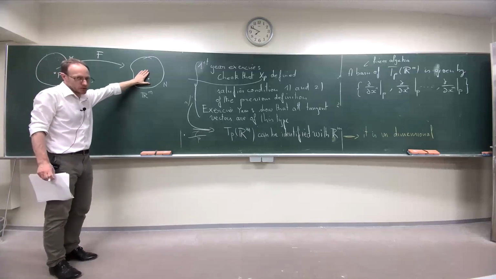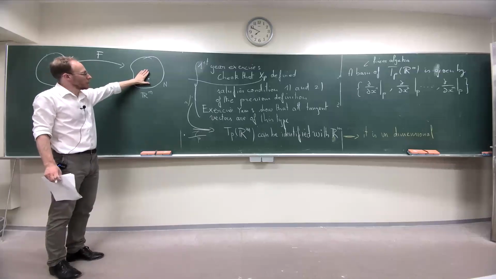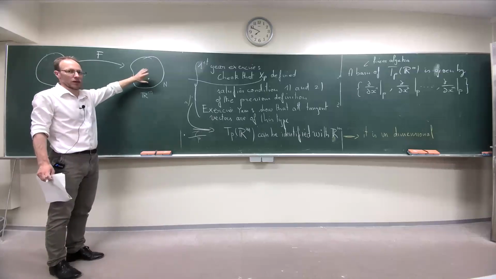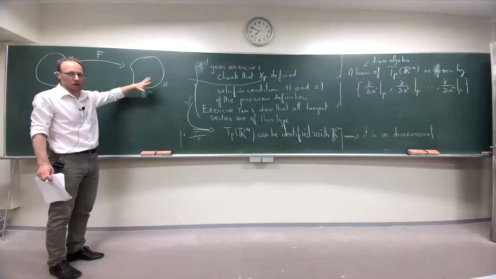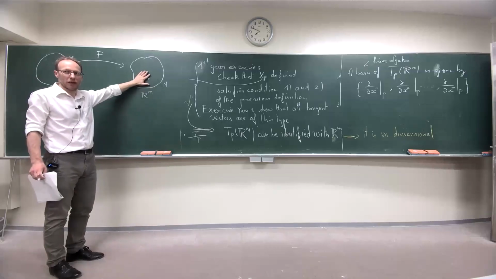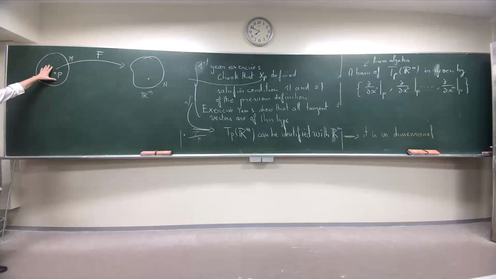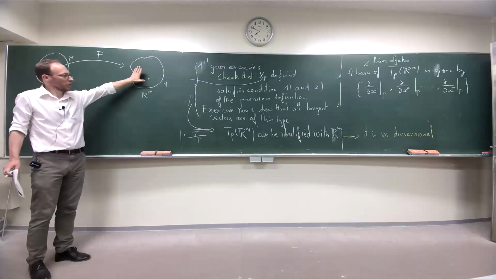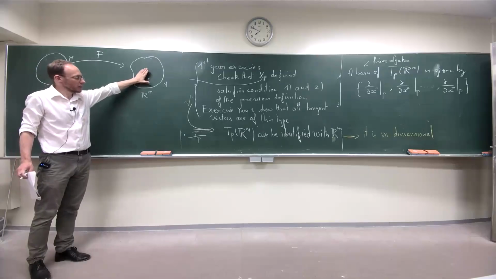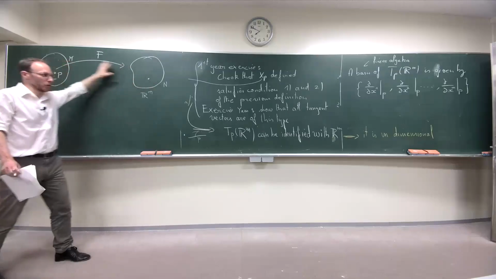So what I would like to do, I will not be able to do it today, is to use the information that I know on R^m and the basis of the tangent space there to put it here. I already have a definition for the tangent space, but I don't have a basis. So I would like to use the basis of this tangent space, which I know, to put it back.